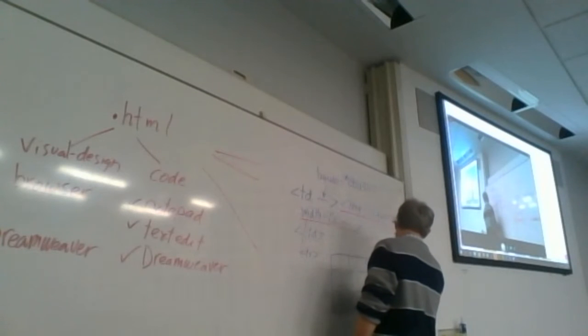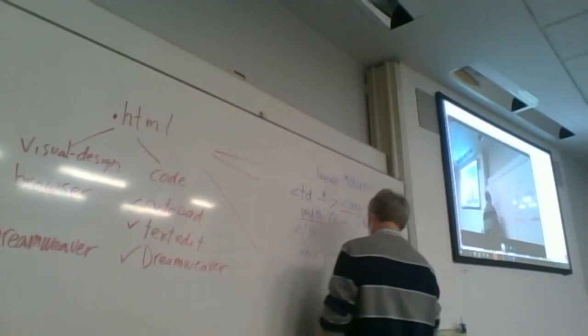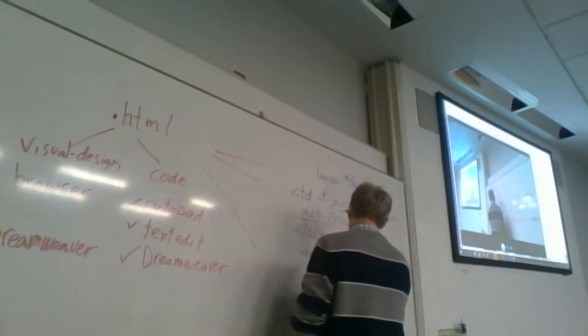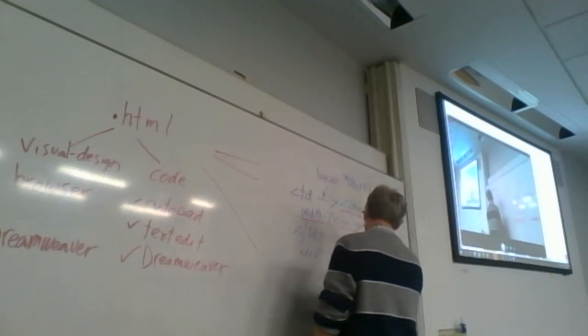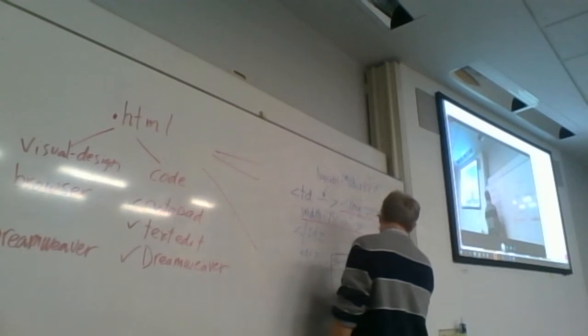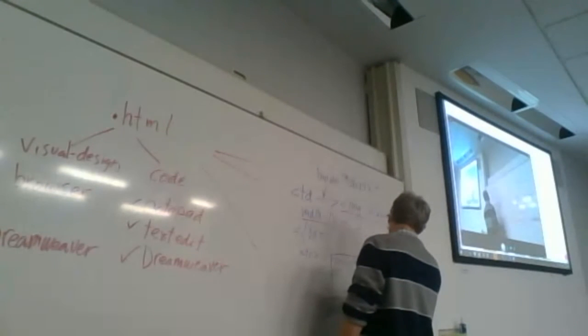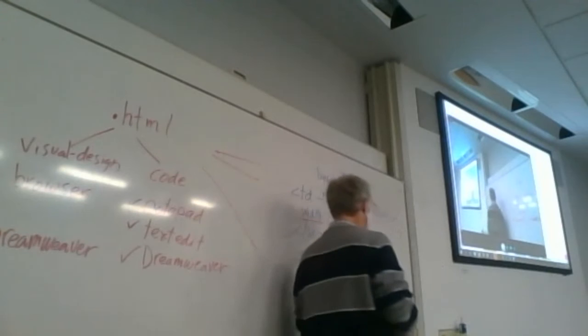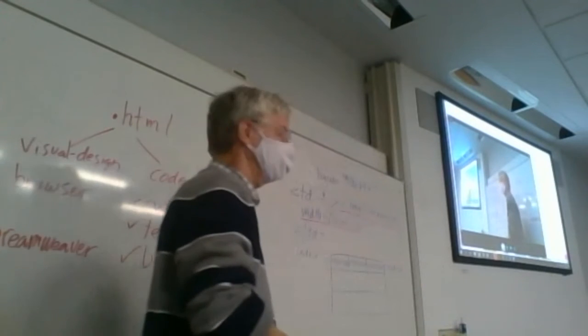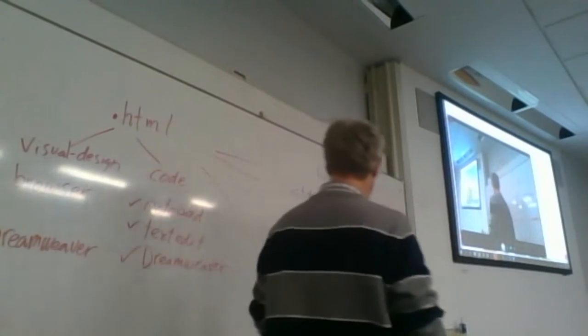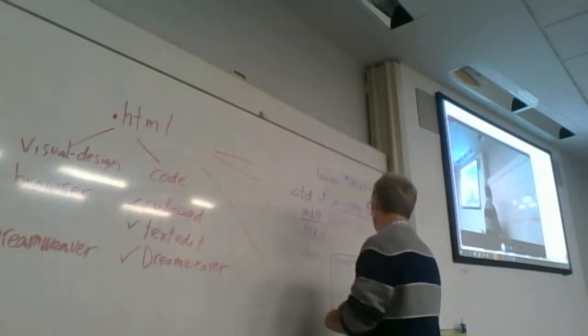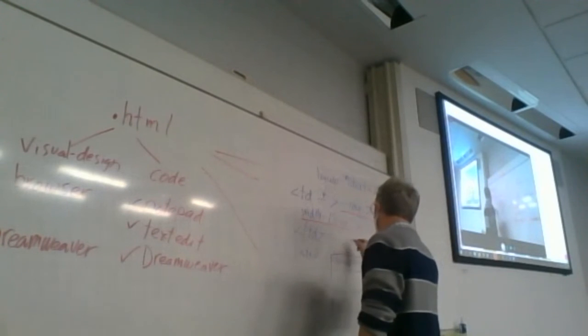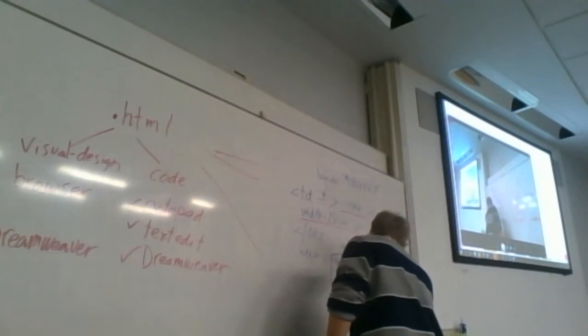Closes with a closing TR tag. A cell is delineated by TD and closing TD. Closing is always indicated with a slash in front of the name of the tag. Okay. Overall, you would of course have just a table tag, and you have a closing one down here.